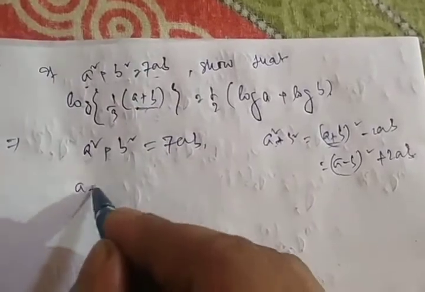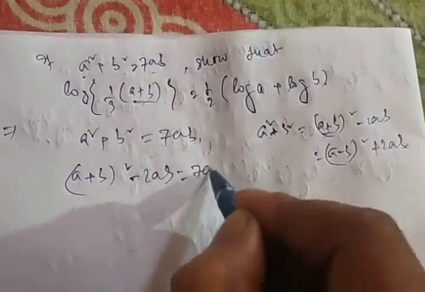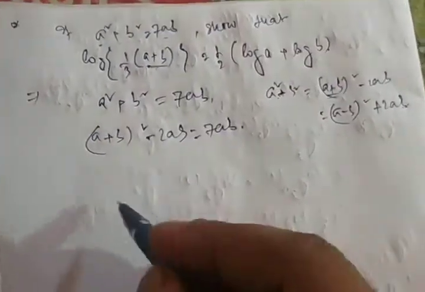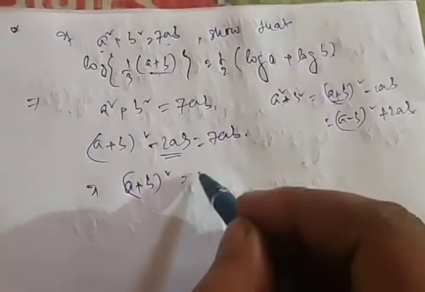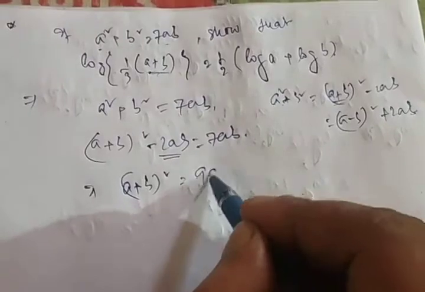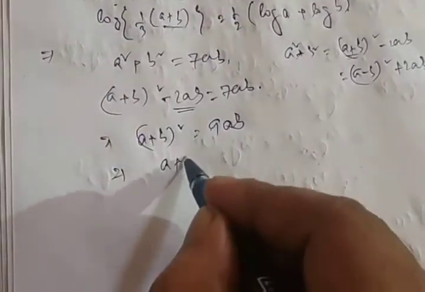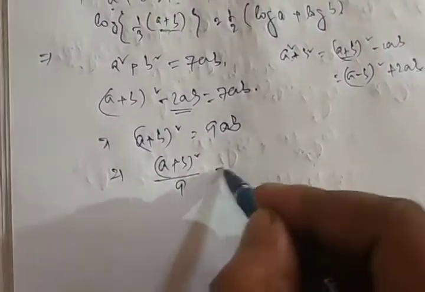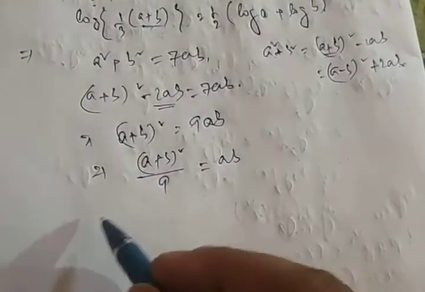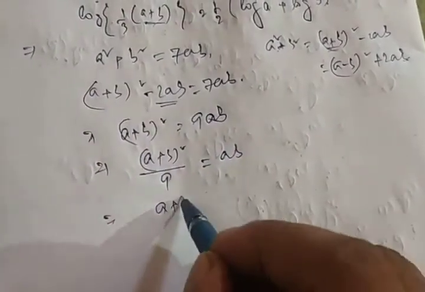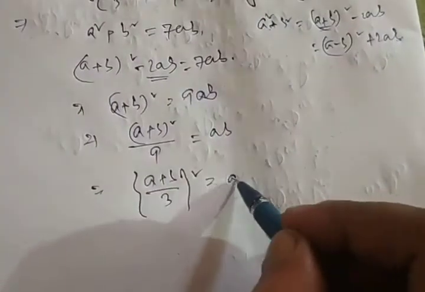This gives a plus b whole square minus 2ab equals 7ab. That implies a plus b whole square equals 9ab. Now dividing by 9, a plus b whole square divided by 9 equals ab. This can be written as a plus b divided by 3 whole square equals ab.